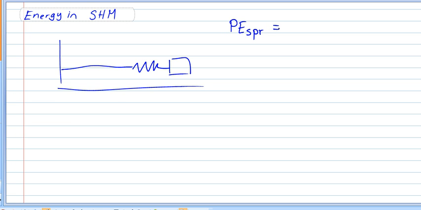And we haven't really talked about what this is, but if you think back to work, work is basically force times distance. And we've learned recently that the spring force is related to kx. So if I graph it, it basically is a linear relationship with the slope of k.